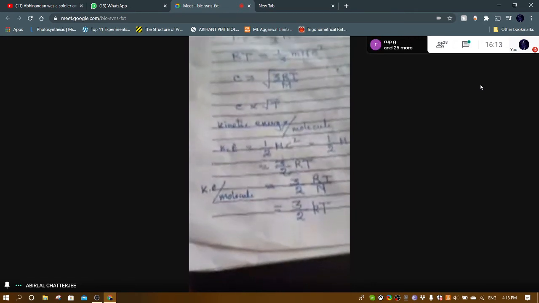Is it okay? Yes, sir. Am I right? So as the temperature is same, the kinetic energy per molecule is same, because kinetic energy per molecule is 3/2 kT.